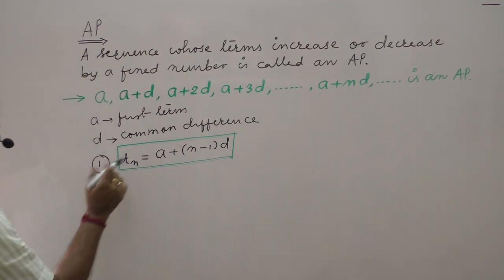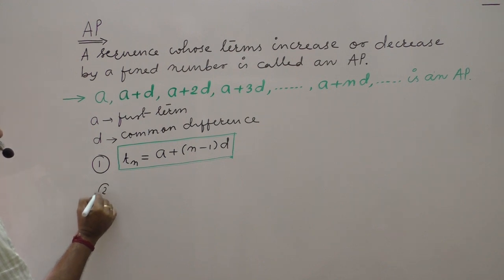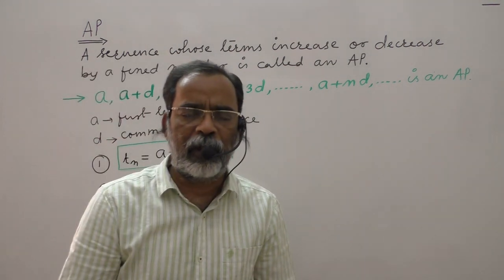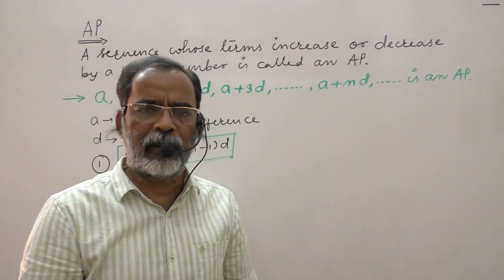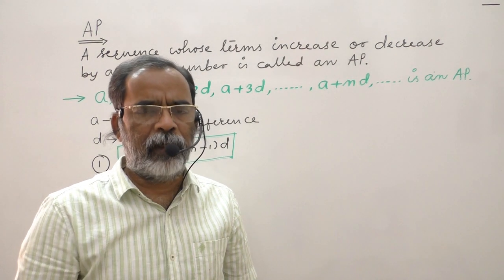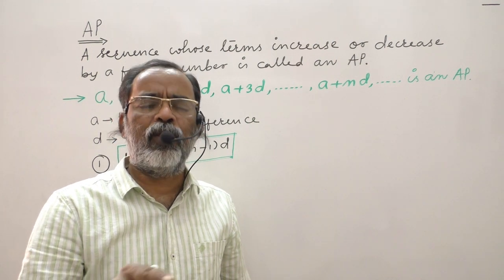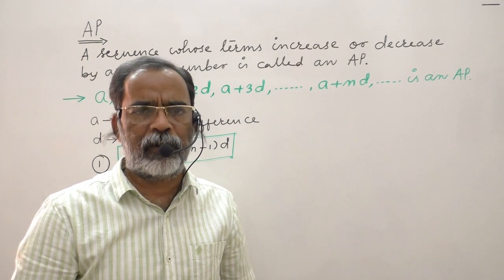The nth term is denoted by Tn. Similarly, the sum of the first n terms is Sn, capital Sn. If you take S2, what is that? The sum of the first two terms.